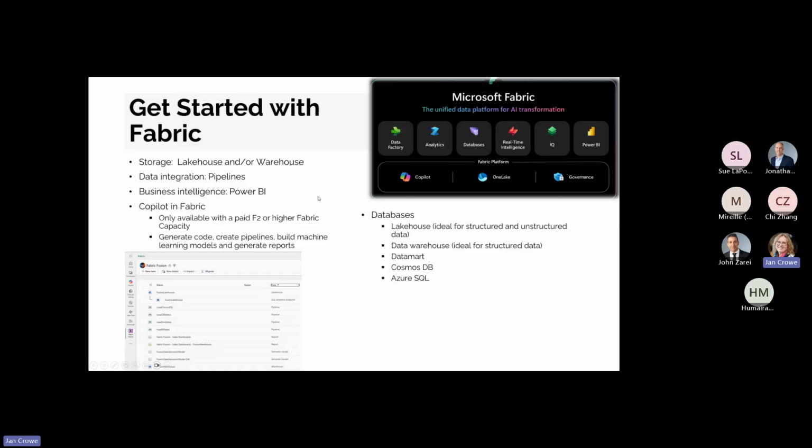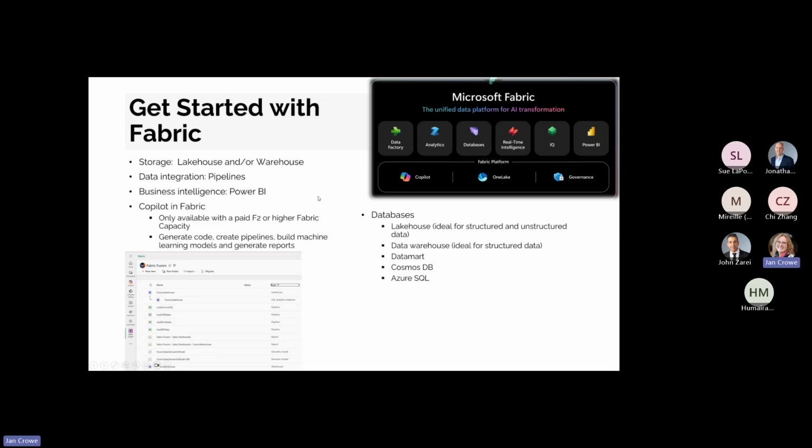What I'm going to show today is a demo of two options, a lakehouse and a warehouse, so you can see the difference. They have pipelines, they have business intelligence, of course, with Power BI and semantic models.